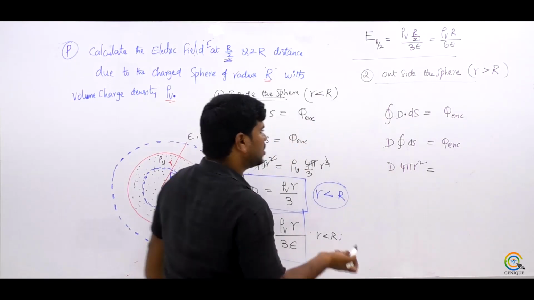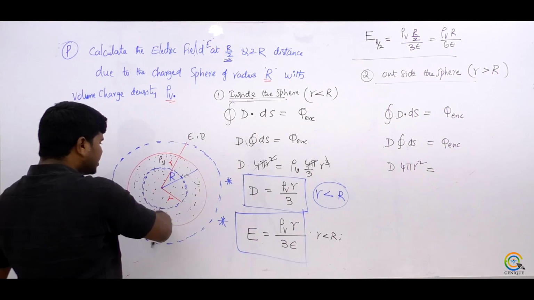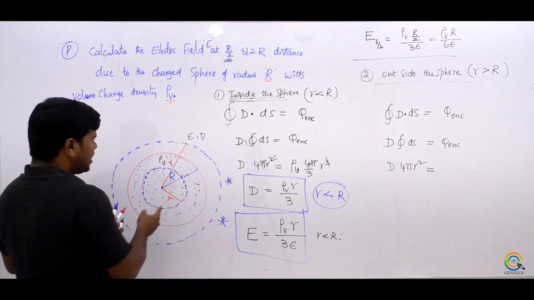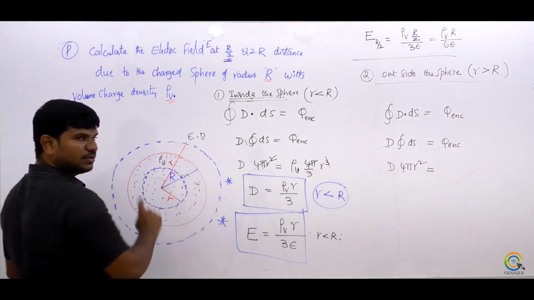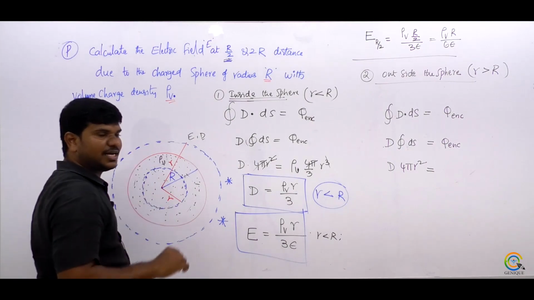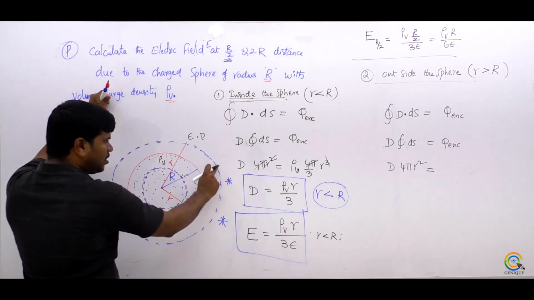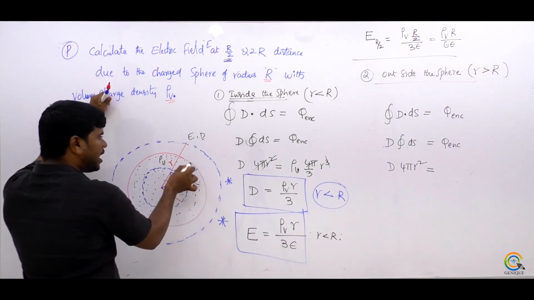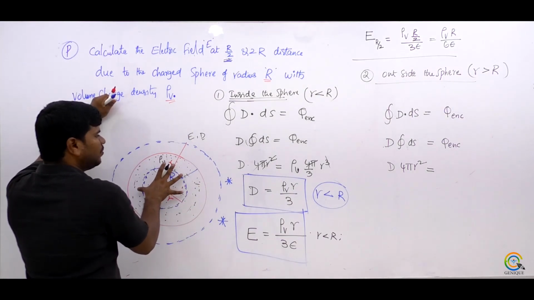What is the charge enclosed within the Gaussian surface? Only this amount of charge is present within the Gaussian surface. This is very important. This is the actual Gaussian surface, and the red one is the actual sphere of volume.